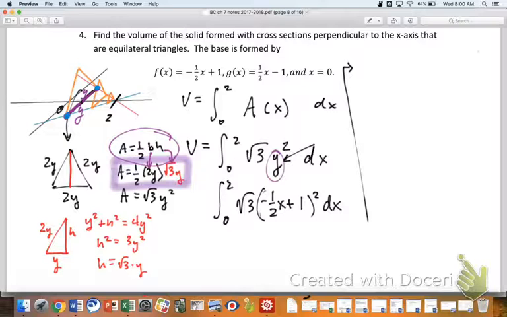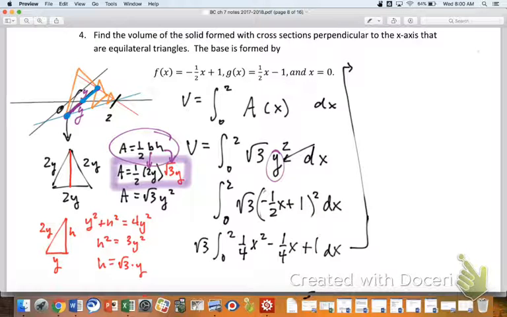So what I actually want to do is replace y with what y equals, and y actually equals negative 1/2 x plus 1, or 1/2 x minus 1, and because I'm going to be squaring it, I don't think it matters either way. Let me see if I can finish this out. It would be root 3 integral 0 to 2, and this would be 1/4 x squared minus 1/4 x plus 1.